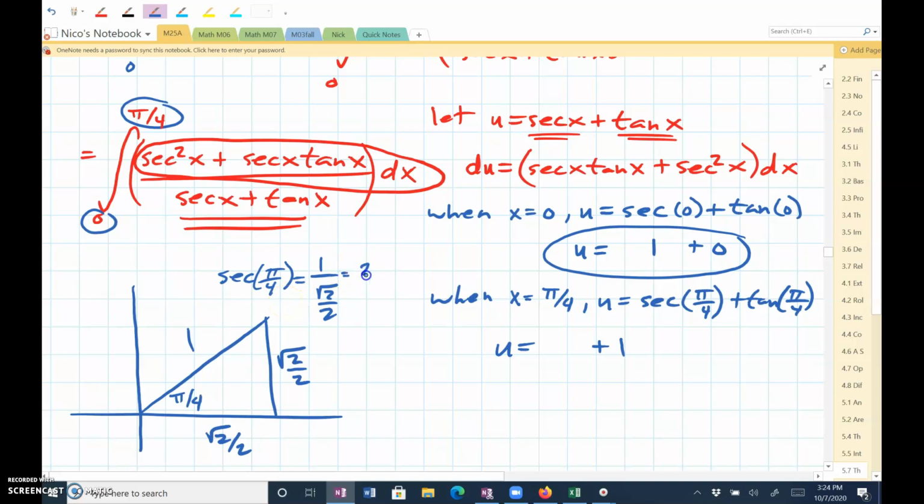So this is going to be 2 over the square root of 2. You can rationalize the denominator. This would be 2 root 2 over 2. So this is going to be radical 2.